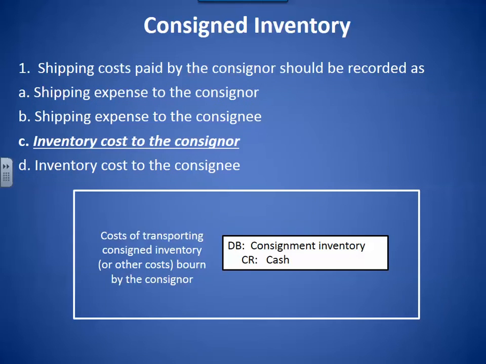Okay, the answer to number 1 is C, inventory cost to the consignor. Remember that the costs of transporting consigned inventory to the consignee that are borne by the consignor need to be added to the consignment inventory costs.